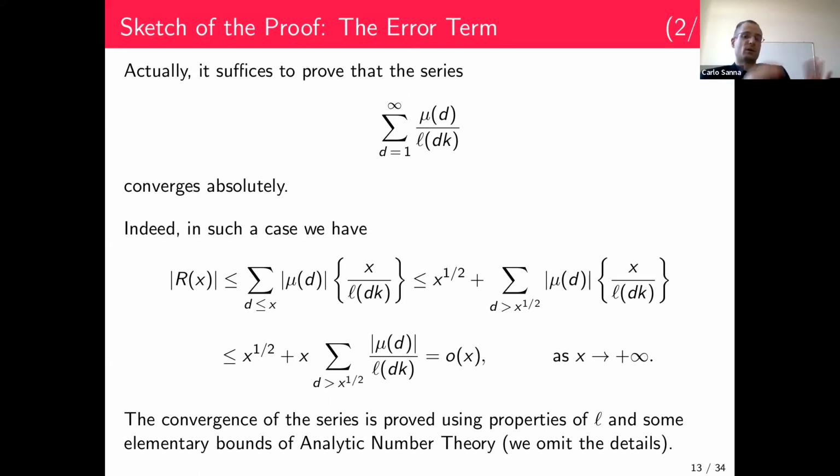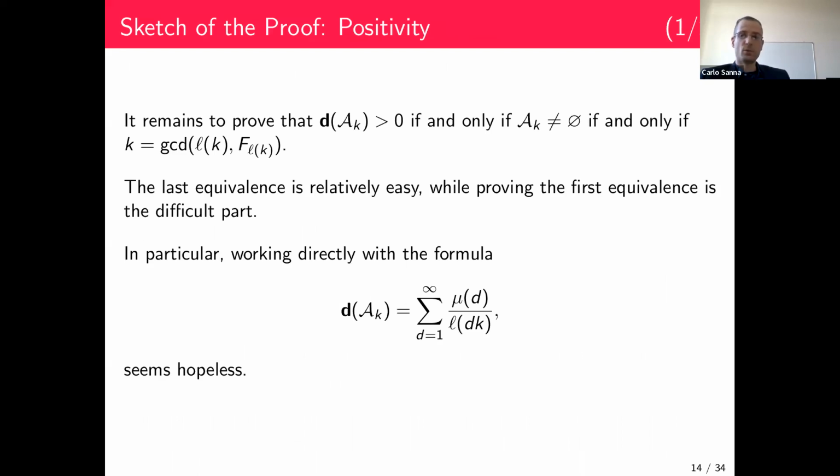So this was a bit of a sketch of the proof of the formula, the existence and the formula for the natural density of the fiber. But if you remember, the theorem also gave a criterion to understand when the natural density is positive or is equal to 0.